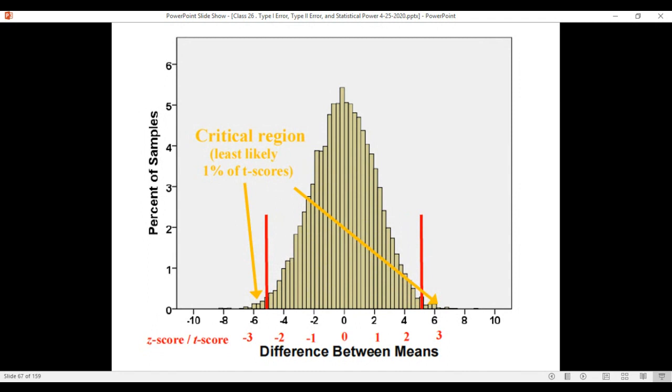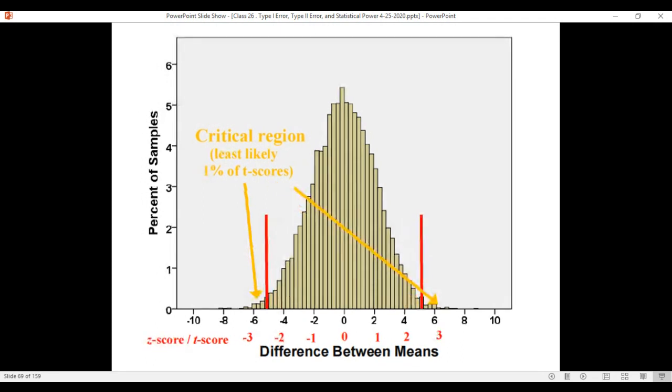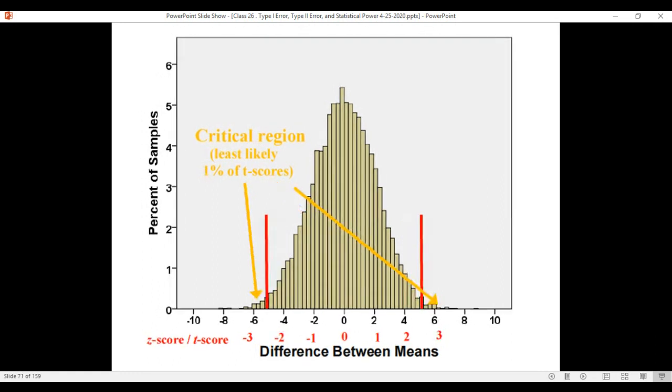This is alpha equals 0.01. Watch the size of the critical region.